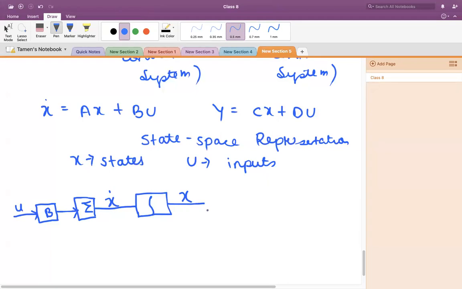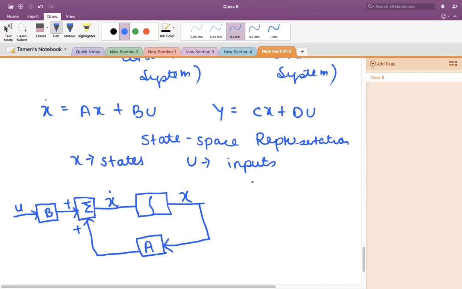Now we need the AX part, so I'll take another block which I consider the A, and I will add it with the BU part. From here we got AX plus BU, the plus summation, and we got the X dot. Now this part we have done.